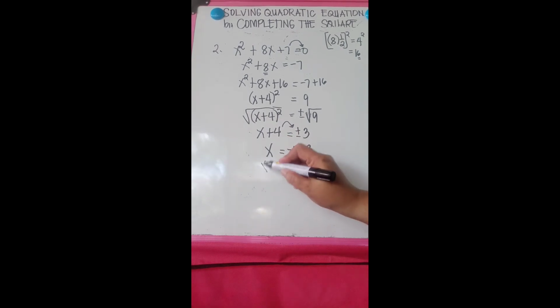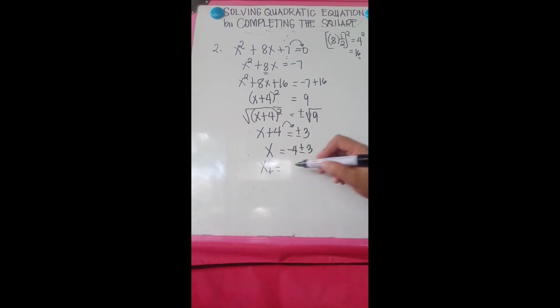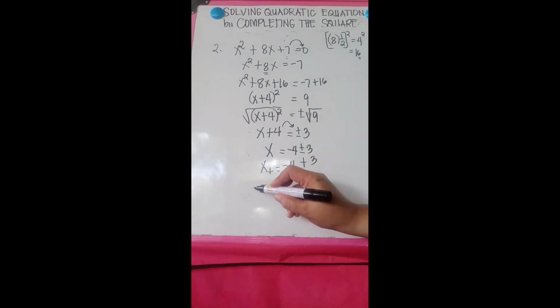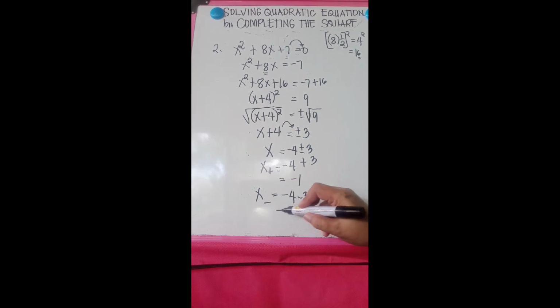Ngayon, let's solve for x. Positive. We have now negative 4 plus 3. Answer is what? Answer is negative 1. And then, x negative is negative 4 minus 3. The answer is negative 7.